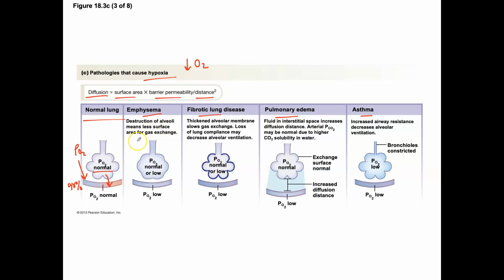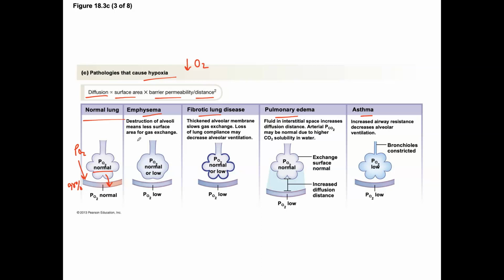So in emphysema, we're looking at destruction of the alveoli, meaning essentially we have less surface area for overall gas exchange. And that's because the elastic fibers of the lungs are destroyed, leading to high compliance. So we have high compliance but low elastic recoil.